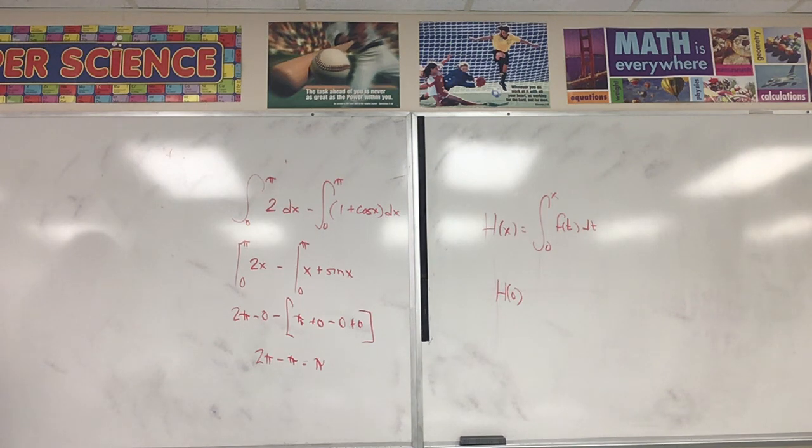Where does concavity come from? The slope. Second derivative. So if the graph I have here is the derivative, correct? Mm-hmm. My second derivative would be what?